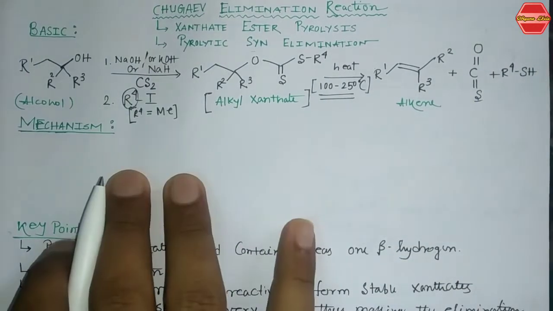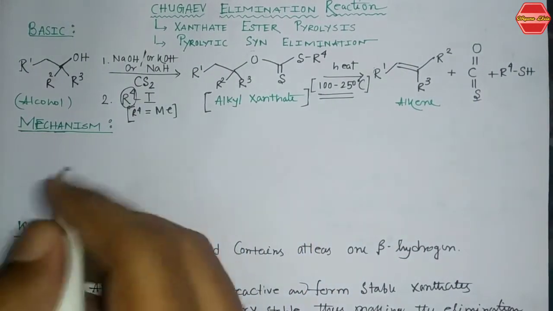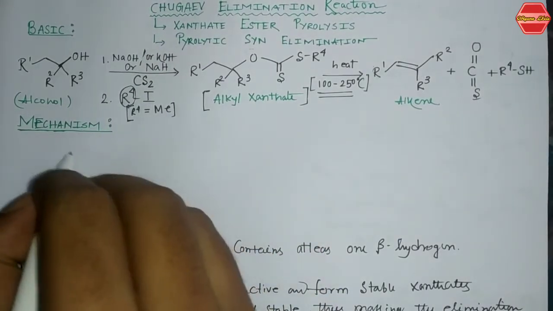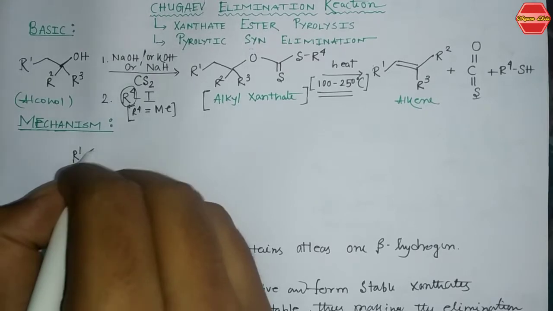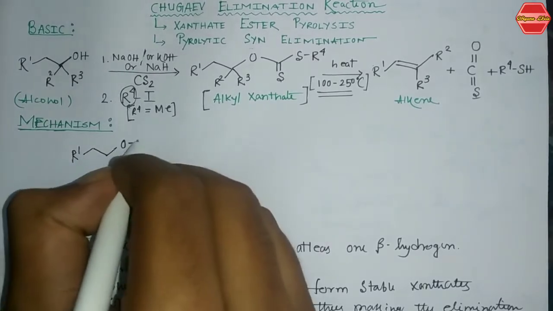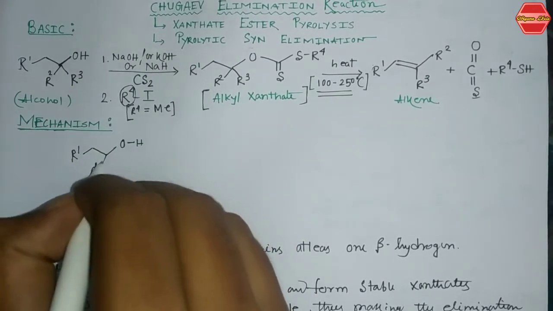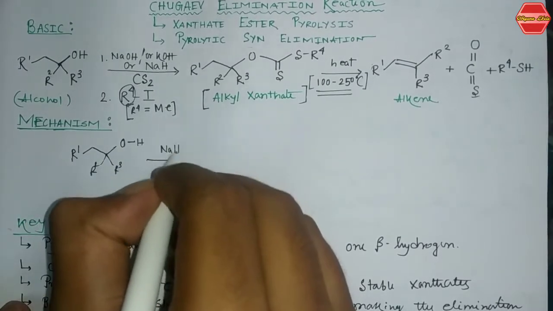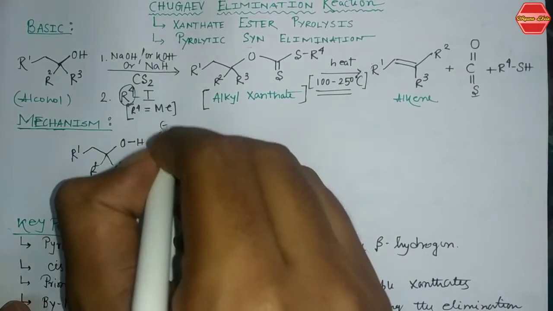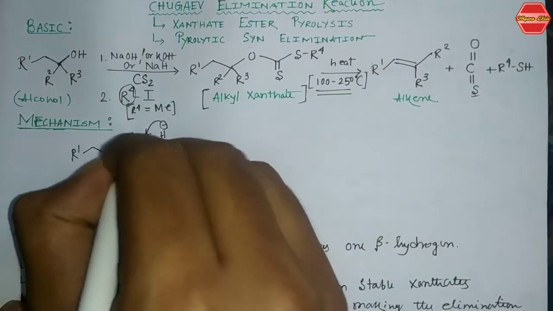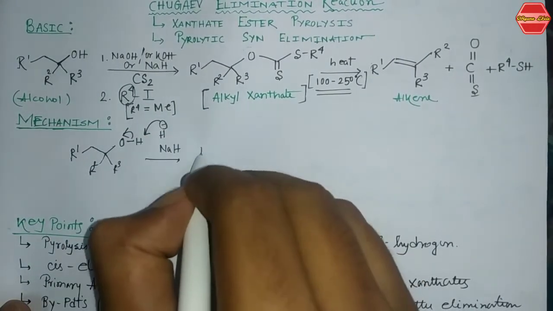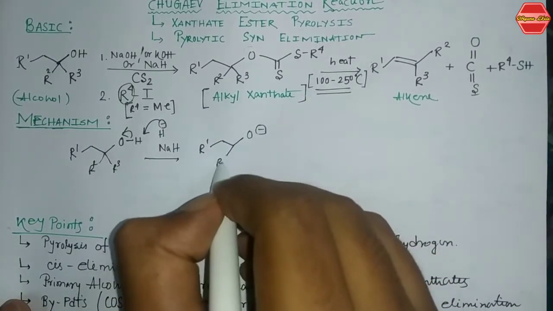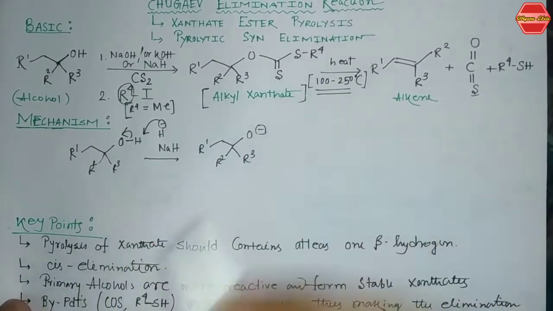Okay, so first of all, see the mechanism of this reaction. The mechanism of this reaction is quite simple. You can see here, we are taking this R1, this is your OH, R2, and this is your R3. Now when we use a base like sodium hydride, it can take a proton from here and you get this alkoxide, R2 and R3 like this.